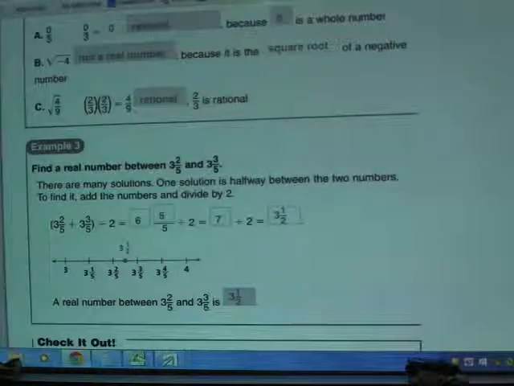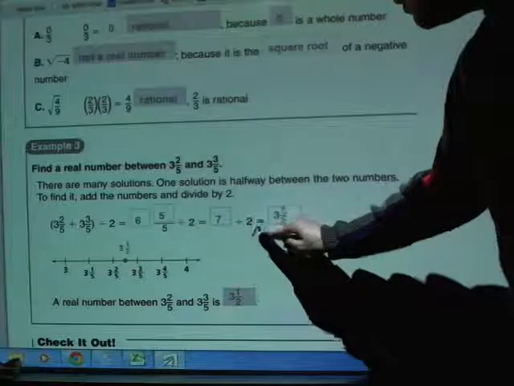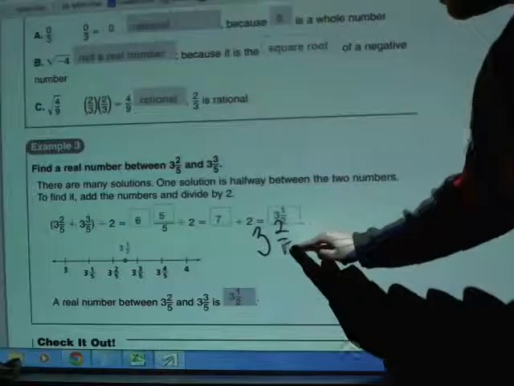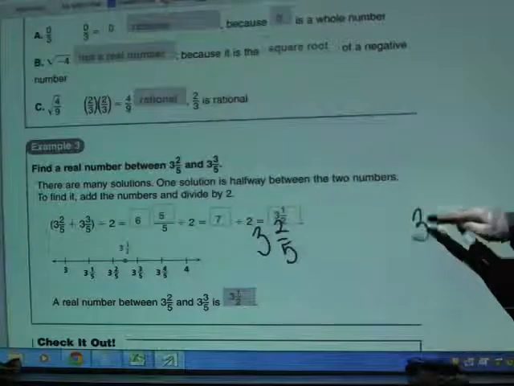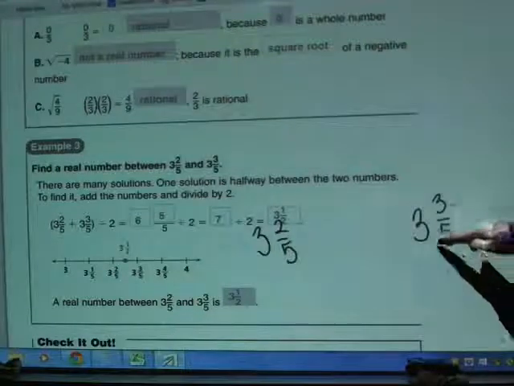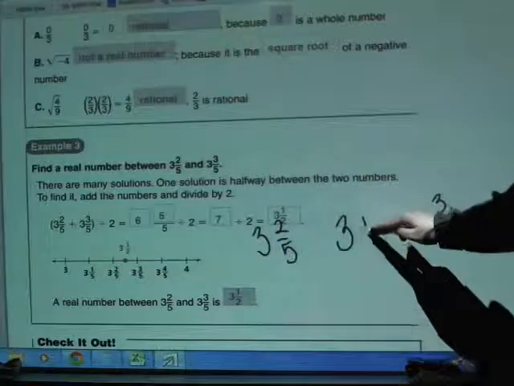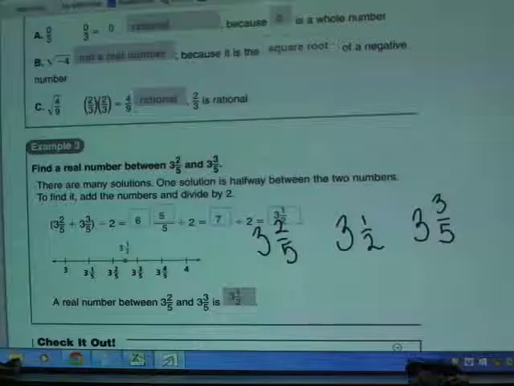Now, if you're still having a little bit of a hard time seeing that, go for common denominators, and it will be easier to see. With 3 2/5 and 3 3/5, having said based on the calculation that we just did that 3.5 should be in between, and in this particular case not just in between but perfectly halfway in between, again, go for that common denominator.